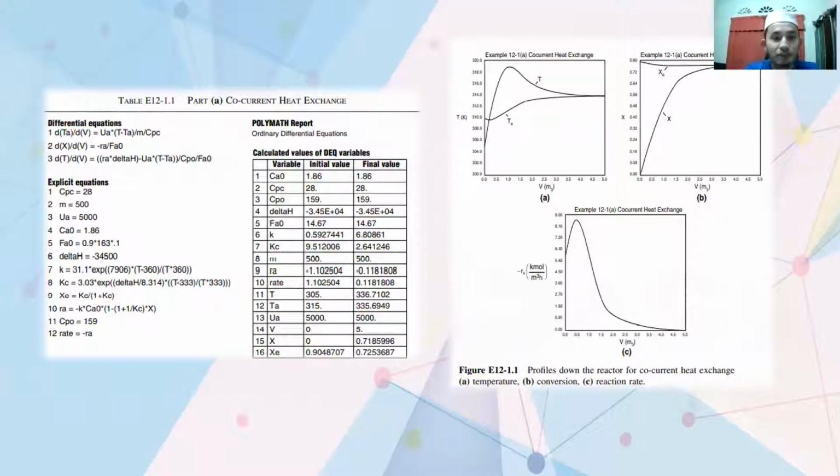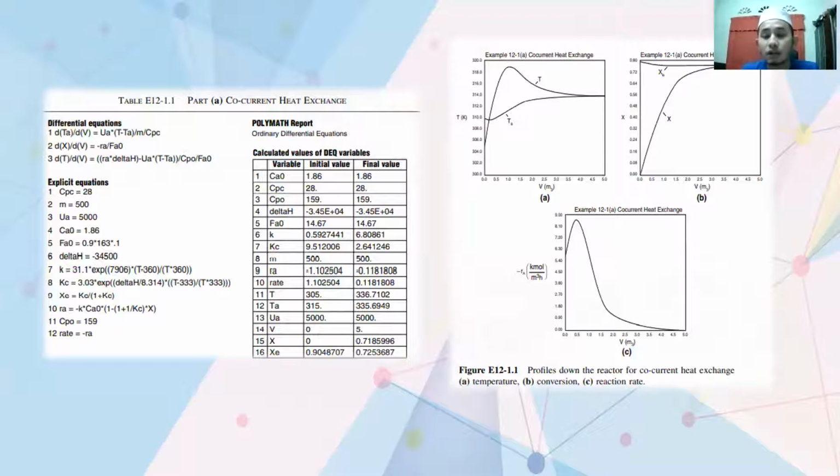The table shows calculated values for the DEQ variables, and from graph A we see the profile down the reactor for co-current heat exchange, temperature versus volume. At some point T is greater than TA, but at the final point both of them go to the same value. B is the conversion.